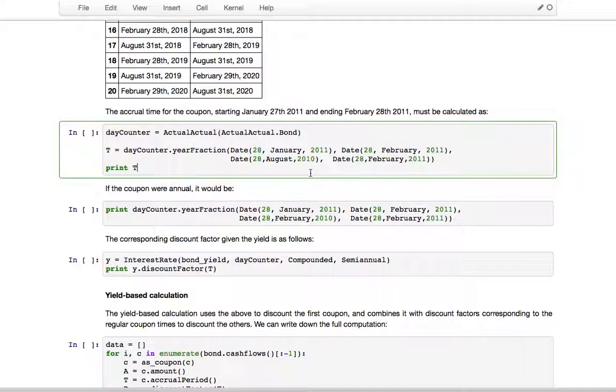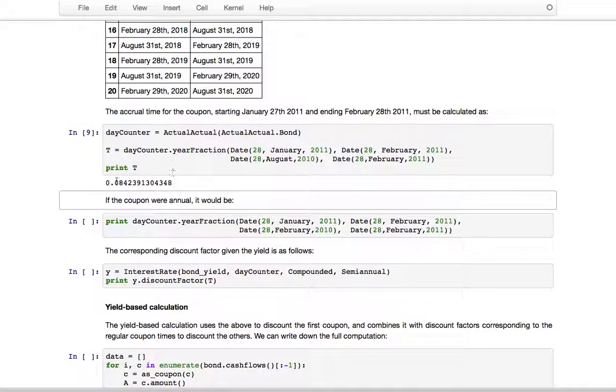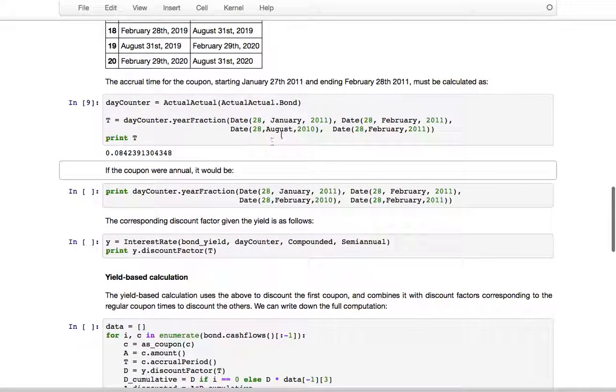If we calculate this, we get this .0842 value for the coupon, and this reference period is based on the frequency of the other coupons.